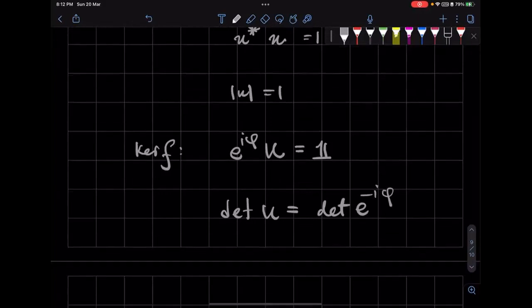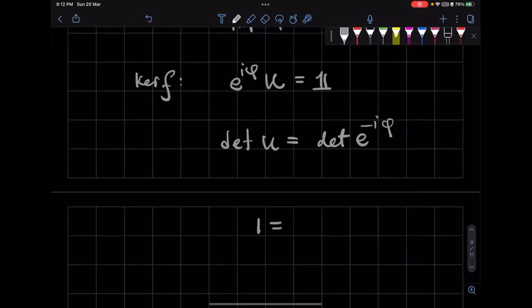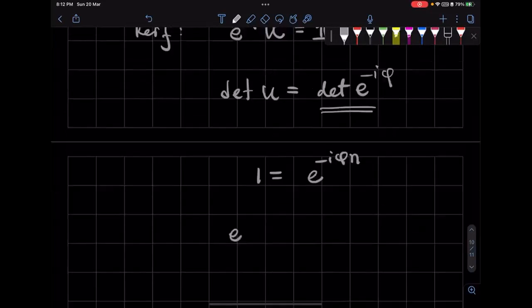But the determinant of U is 1, and the determinant of e to the power i phi is e to the power minus i phi n. And therefore, we see that e to the power minus i phi has to be of the form e to the power 2 pi i over n.